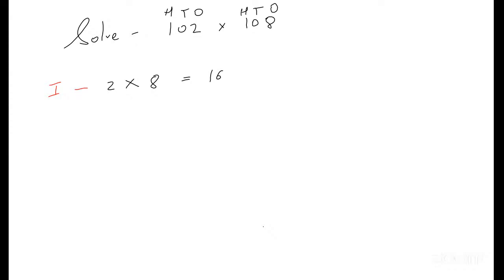Now, for the next step, I have the numbers 10 and at the hundreds place I have 1, 1. Tens place I have 0 and 0. So we can take them together. 10 plus 1 multiplied by 10.